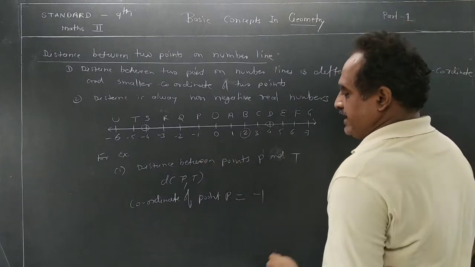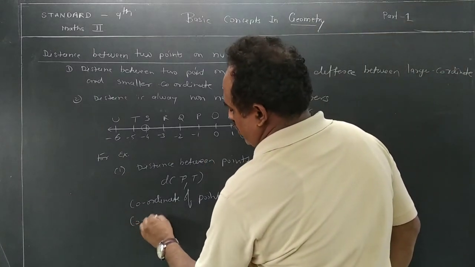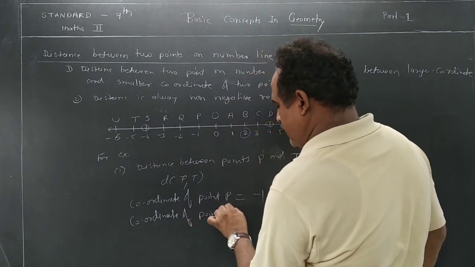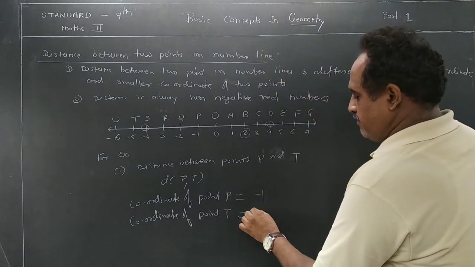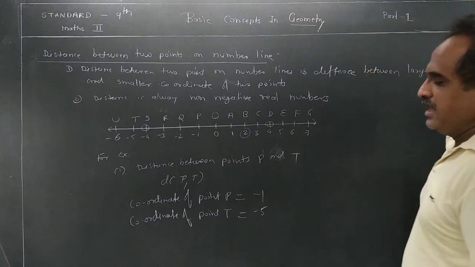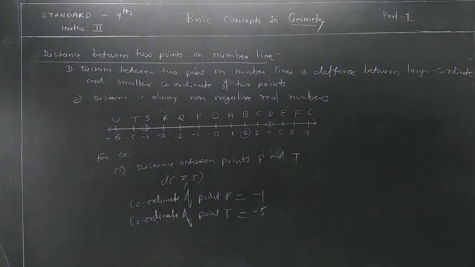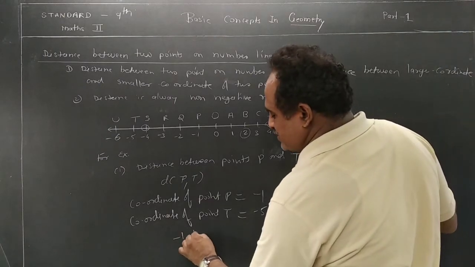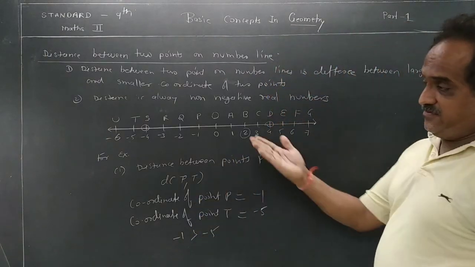P is -1, and coordinate of point T is -5. So if you compare -1 and -5, which one is greater? -1 is greater than -5.